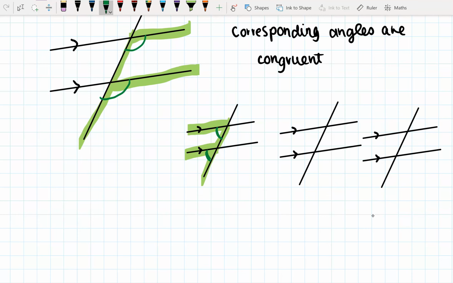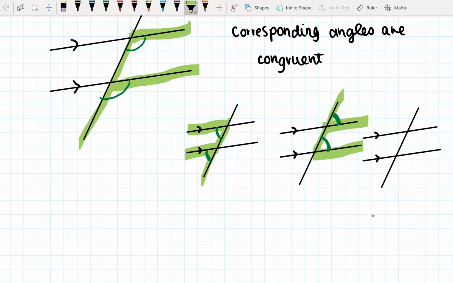And guys, you need to write corresponding as your rule. I don't want to see F. Learning maths is also about the language that you use. You can also have your F upside down, and in this case, these two angles would be the same. These guys are also corresponding.